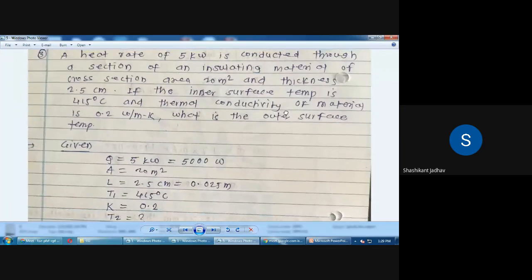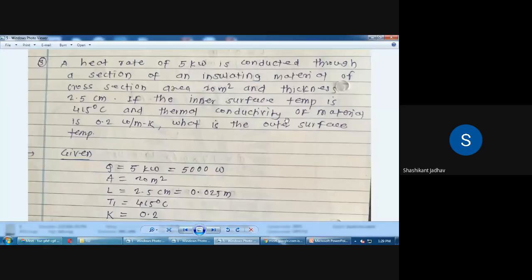Write down the given things. Q is given as 5 kilowatt, then cross section area is given as 20 meter square, then thickness is given as 2.5 centimeter, we have to convert into meter, so 0.025 meter. Then the inner surface temperature is 415 degrees Celsius, that is T1 is given.